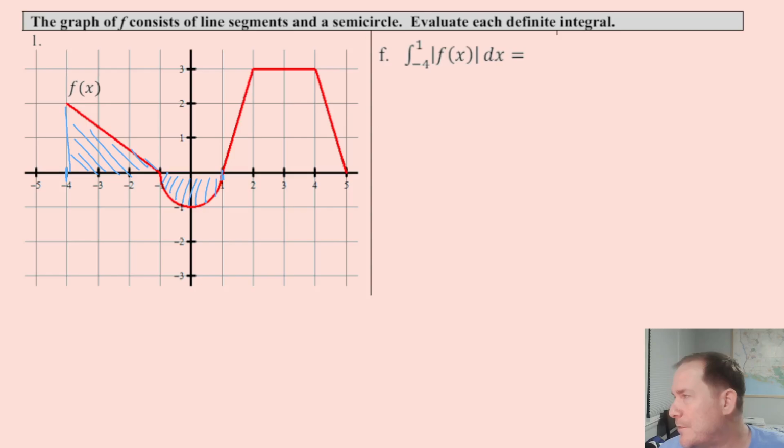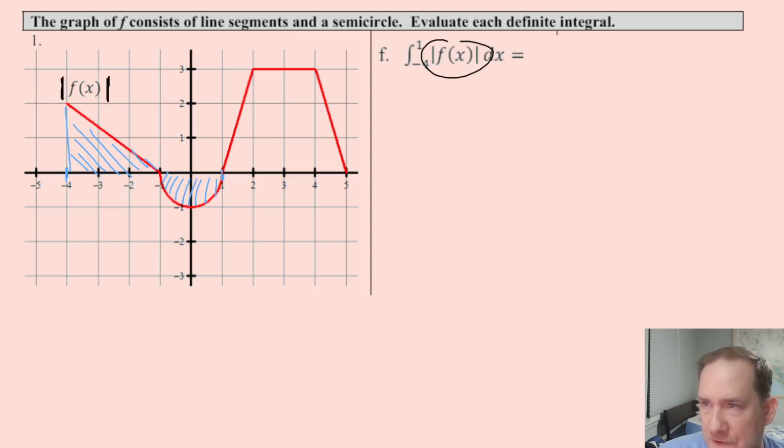But we talked about how absolute value bars can affect the graph of a function, and if you're doing the absolute value of f, then anything below the axis immediately gets reflected back up. So that means this guy down here, he's not going to be down there if you're talking about the graph of the absolute value of f of x. And that is what we're talking about.